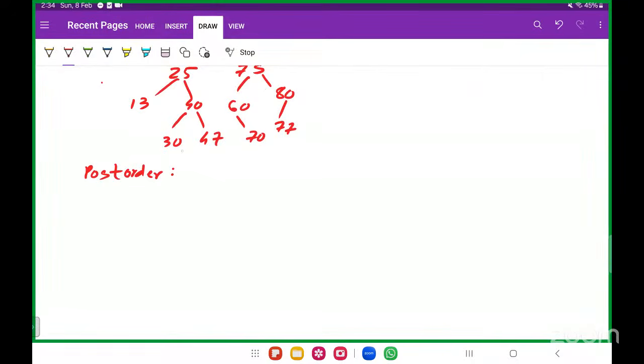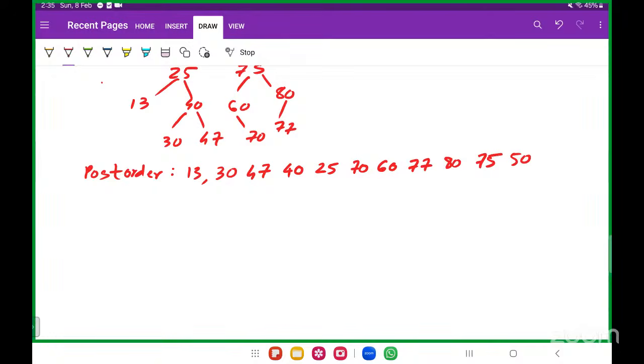We'll just take the post-order traversal. Post-order will be 13, 30, 47, 40, 25, 70, 60, 77, 80, 75, and 50.